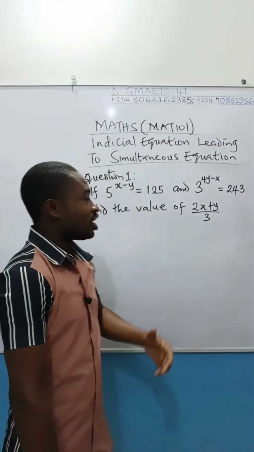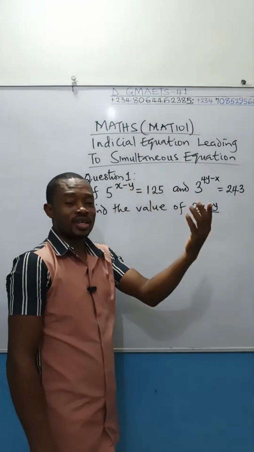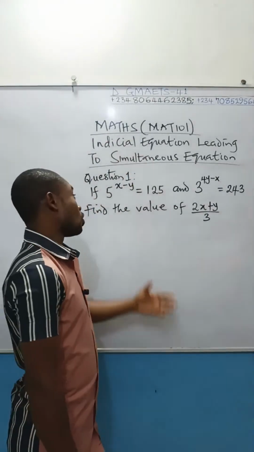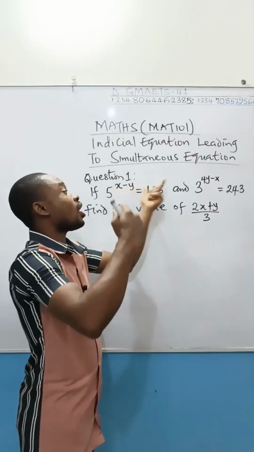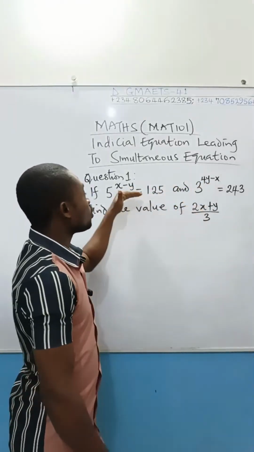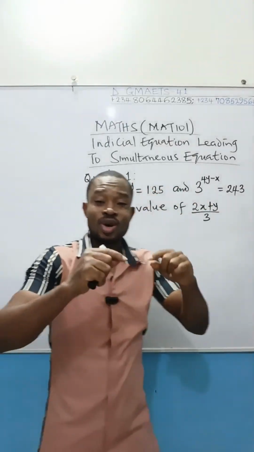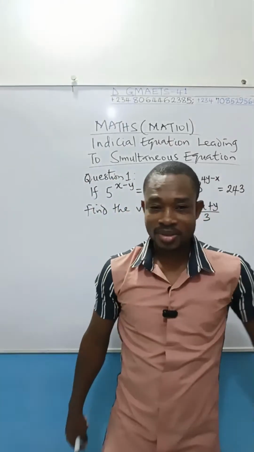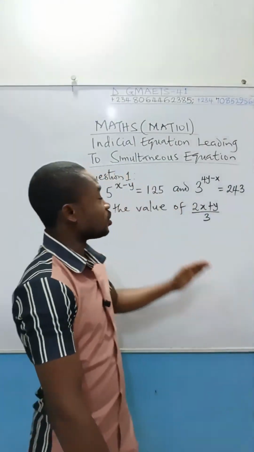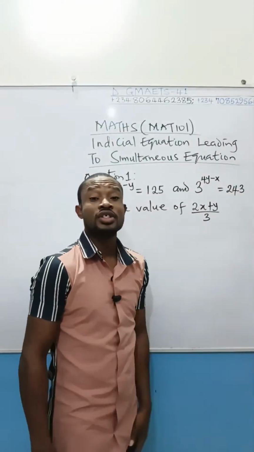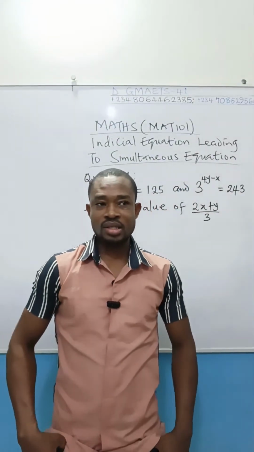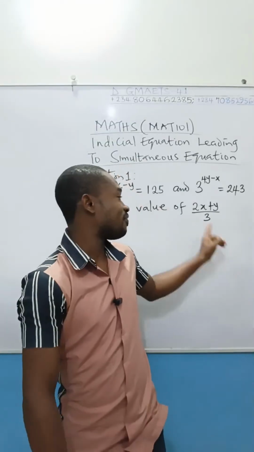This is an indicial equation, as we know from our previous knowledge on indices, because you can see that you have powers, exponents, and you have an equals sign. So it becomes an equation in indices, called an indicial equation. It leads to simultaneous equations here because we have two separate equations. So let us solve this problem, obtain the values of x and y, and simplify what we have here.